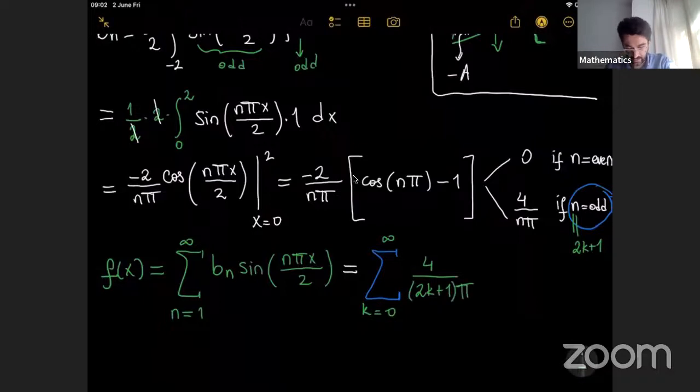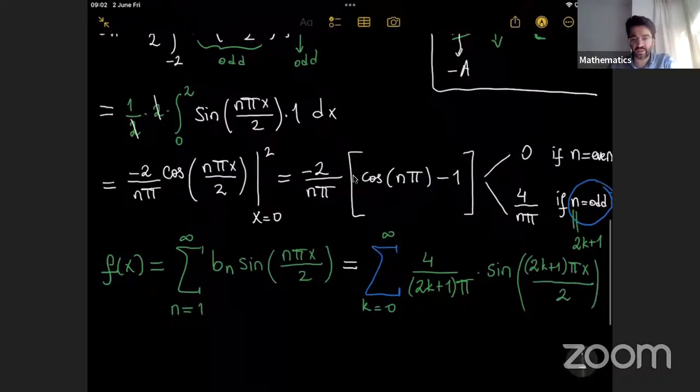So this is going to be Bn times sine of n pi x over 2, where n is 2k plus 1. Okay, so we are basically done here.